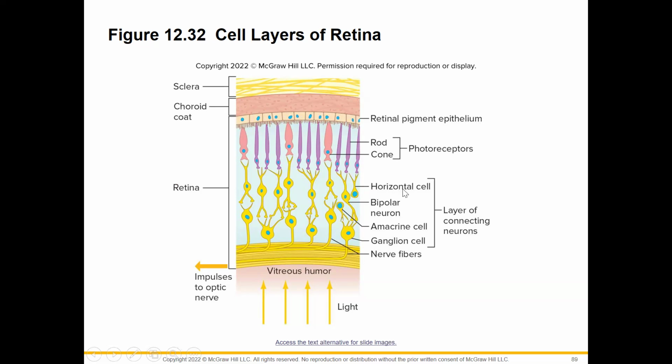Then you have your horizontal cells, bipolar neurons, amacrine cells, ganglion cells, etc., that are the neurons that connect the photoreceptors to the nerve fibers. Once that information is transmitted to the nerve fibers, it can go to the optic nerve and be interpreted by the brain.